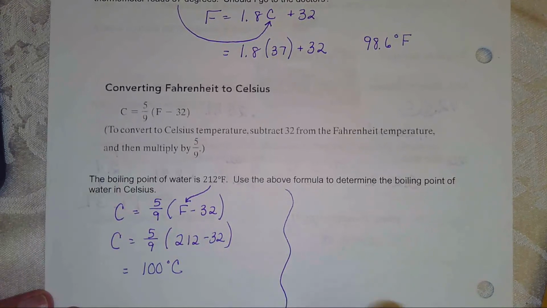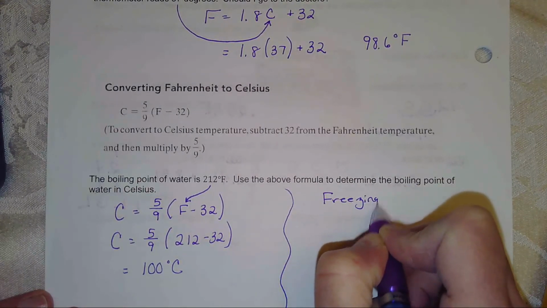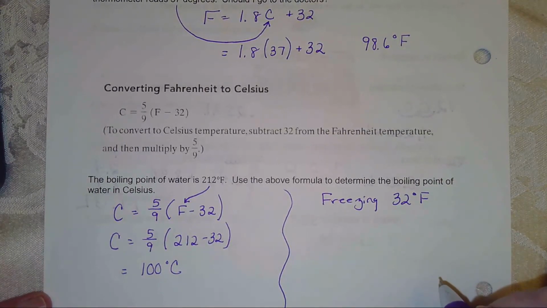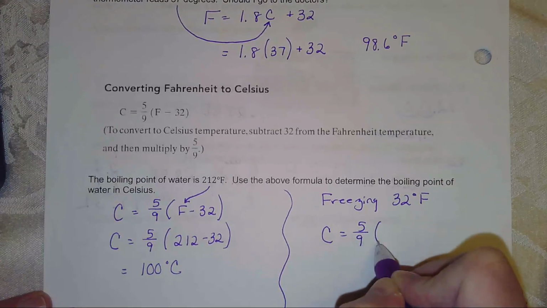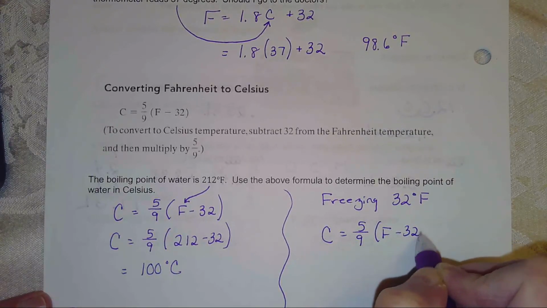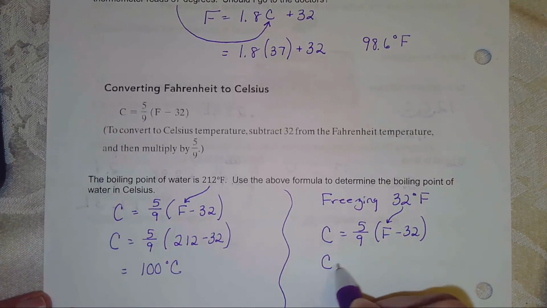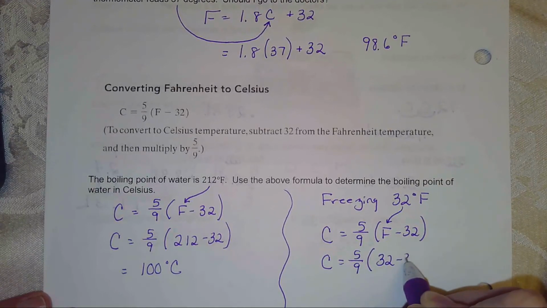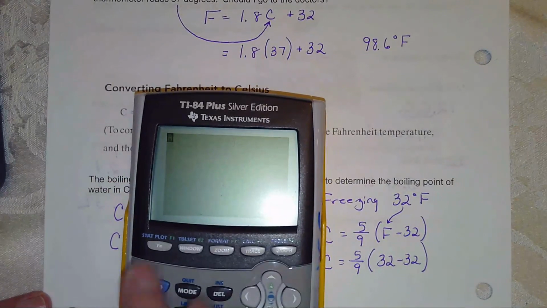Let's do freezing. So most of us know that it's 32 degrees Fahrenheit, right, for freezing. What is it in terms of Celsius? So again, here's the formula that you'll be given. Pop 32 in for F. You might see it right now, but I'll go ahead and pop that in my calculator anyway.